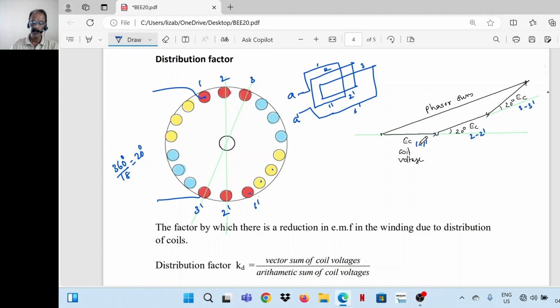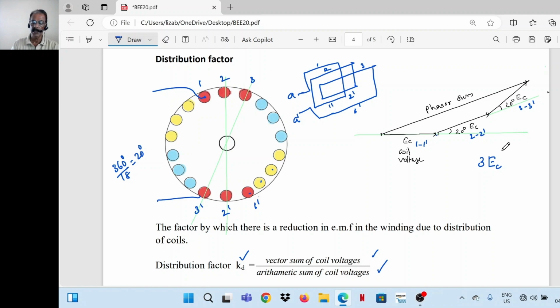So in this case, this is the EMF induced in 1, 1 dash. This is 2, 2 dash. This is 3, 3 dash. This is the phasor sum. Algebraic sum is 3 EC, where EC is the coil voltage. But the phasor sum is less than that. That is the effect of distribution. So the distribution factor is defined as the vector sum of coil voltages divided by the arithmetic sum.